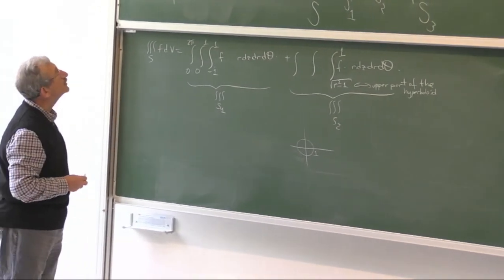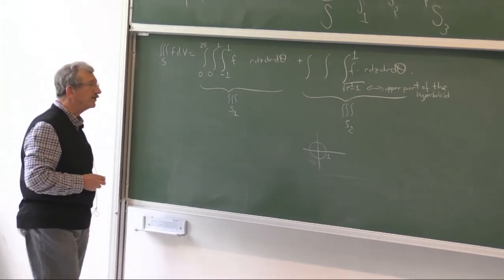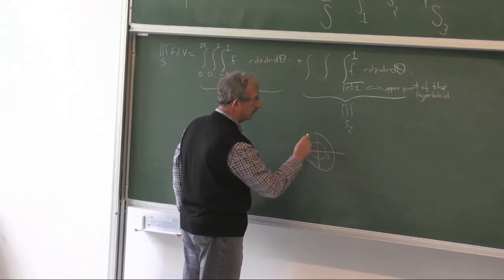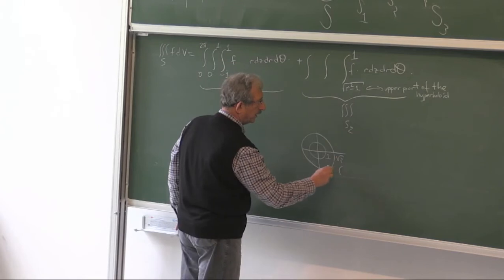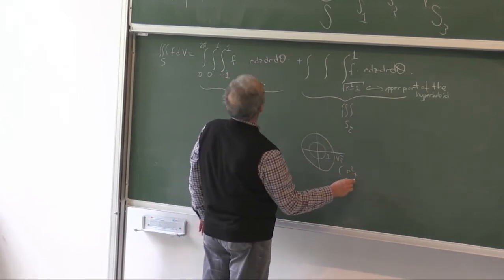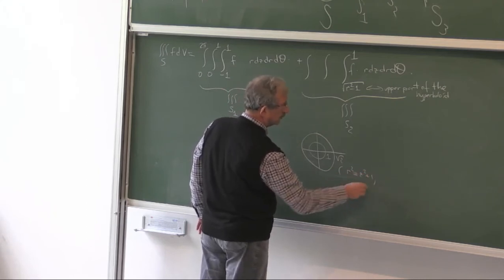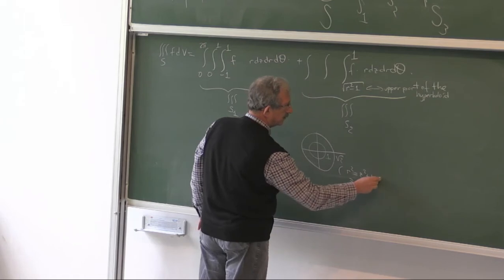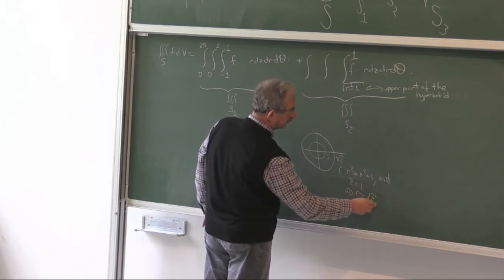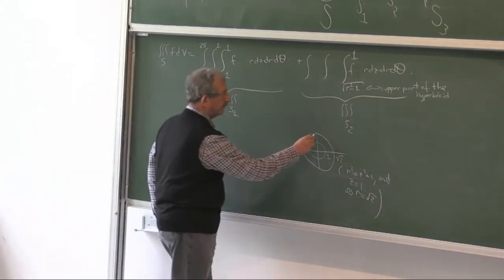Looking at the equations, if z is 1 and I have the hyperboloid, it means that the radius is square root of 2. Namely, on the hyperboloid r squared is z squared plus 1, and z is 1, so r is square root of 2.